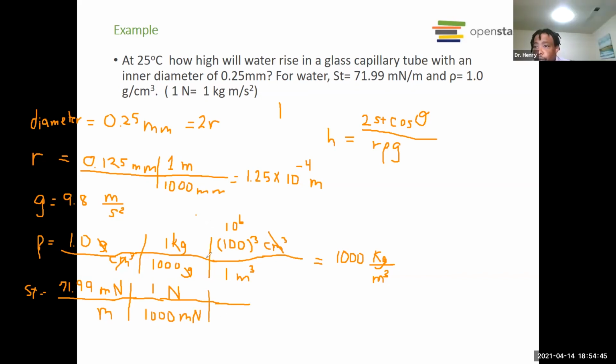And we know that 1 Newton is equal to 1 kilogram meter per second squared.